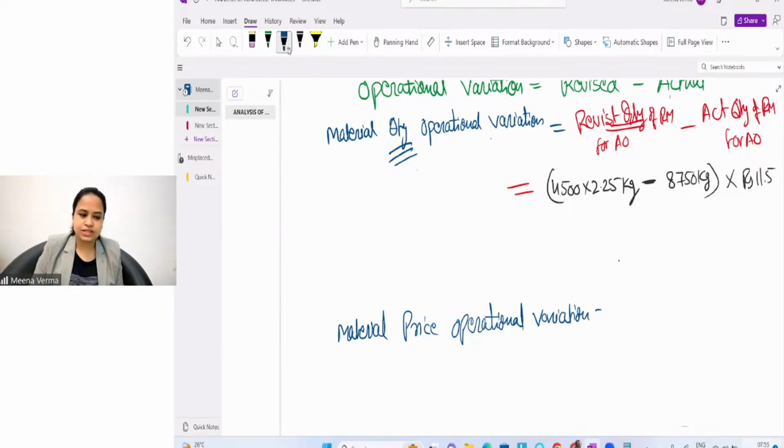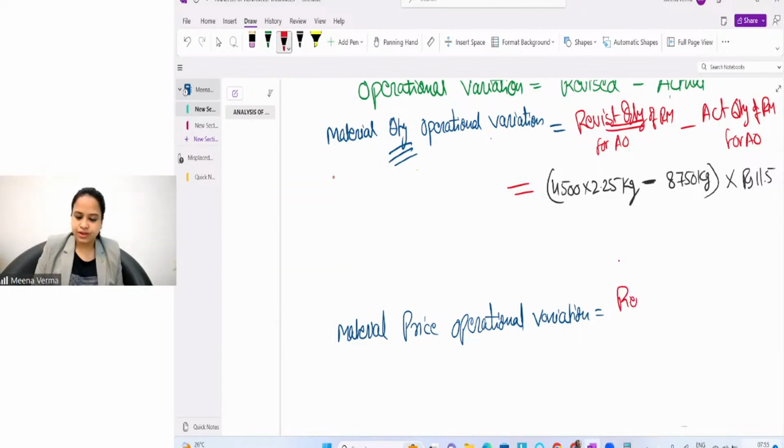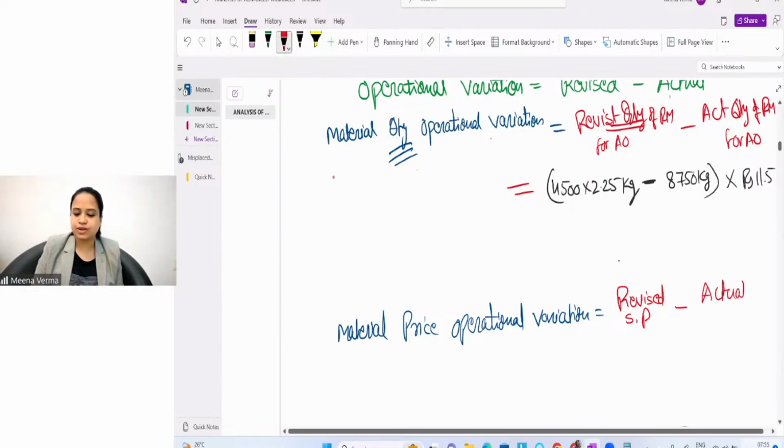So what will we consider to find it? We will consider the revised standard price of the raw material. Then we will see the actual price of the material. And then we will see the actual quantity.